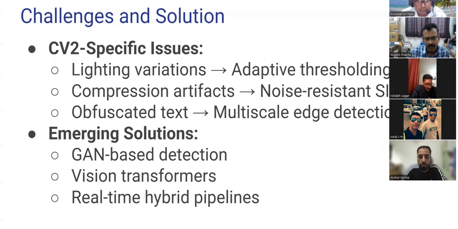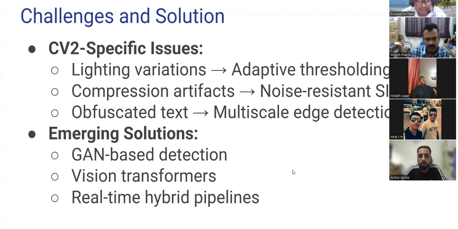Image spam is often crafted to avoid the traditional text detection techniques. So when we are using OpenCV, in short CV2, and computer vision for image spam detection, several practical challenges arise. One is lighting variation, and compression artifacts, and obfuscated text. In lighting variation, spam images may come from a screenshot or some photographs with inconsistent lighting.